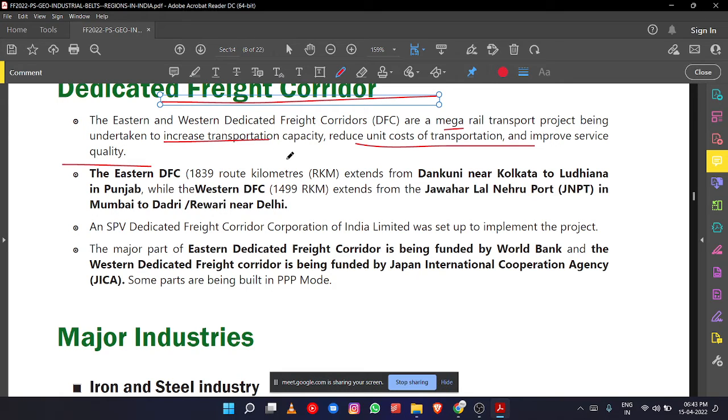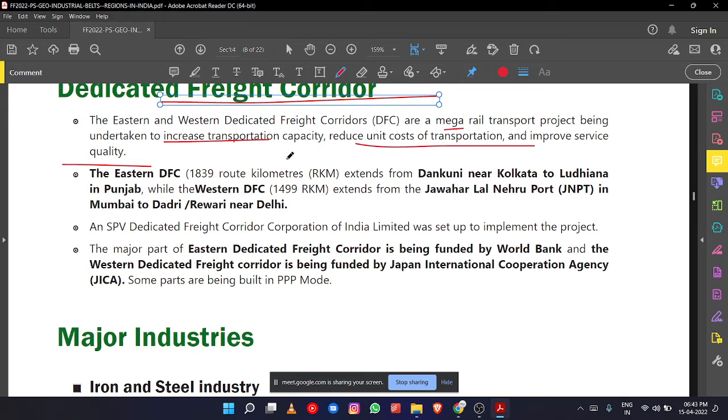So what is happening in India? Most of the freight transport is carried out by the road sector. In many other countries, the major one will be the railway sector, followed by the ports, seaports, and then the inland waterways, because they are the cheap mode of transportation. While we are going through road, the connectivity is less, and the cost of transportation will be more.